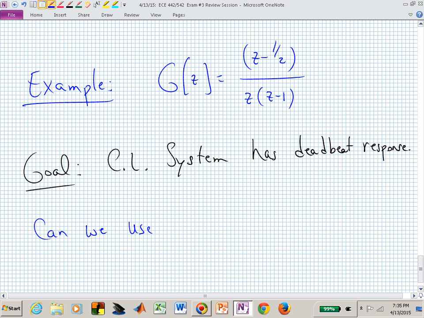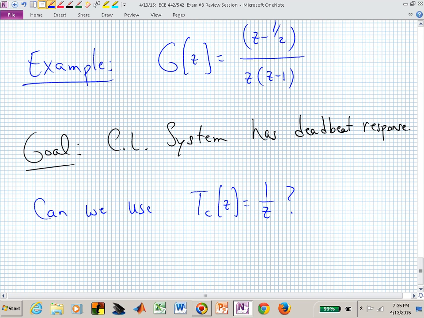At the origin. How many poles do we need? In T sub C of Z. What if I simply said, can we use T sub C of Z equaling 1 over Z?